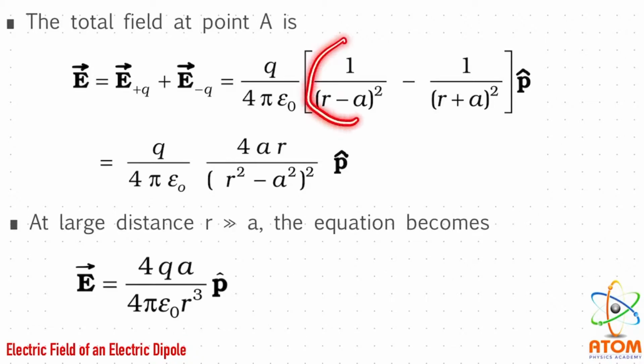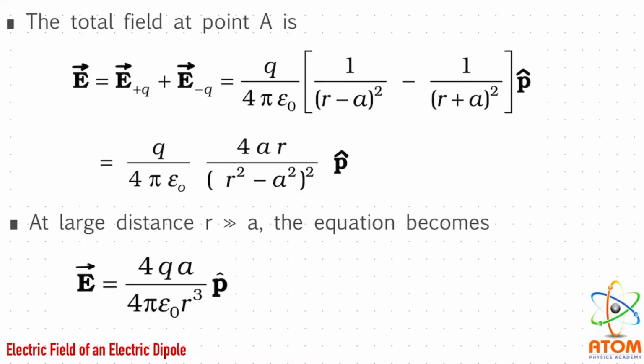Now if we solve this bracket, we will get 4ar upon (r square minus a square) whole square. So the electric field becomes E equals q upon 4 pi epsilon 0 times 4ar upon (r square minus a square) whole square p cap.